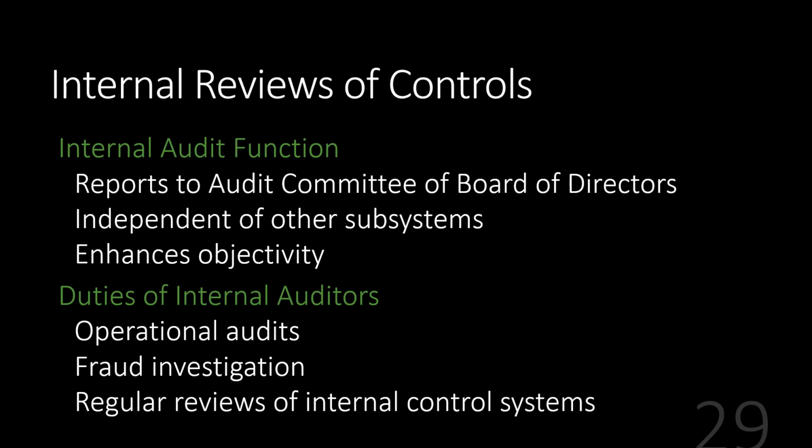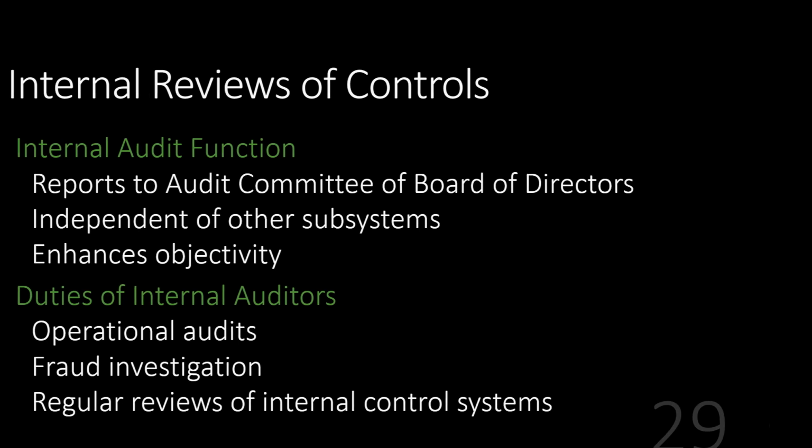Regular reviews of internal control systems. Generally, internal audit functions are not huge at companies, and companies do outsource that, possibly from a Big Four firm, so that they rotate around to different areas of the company to make sure that they're reviewed on a regular basis.